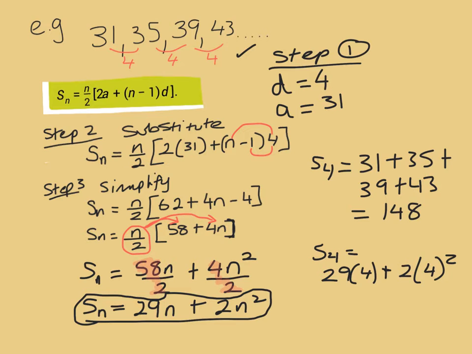Now that's really important. For example, if they asked me for S50, rather than me having to write out every single term the whole way along up to 50 terms and then add them all together on the calculator, this is just a really quick way to do that.